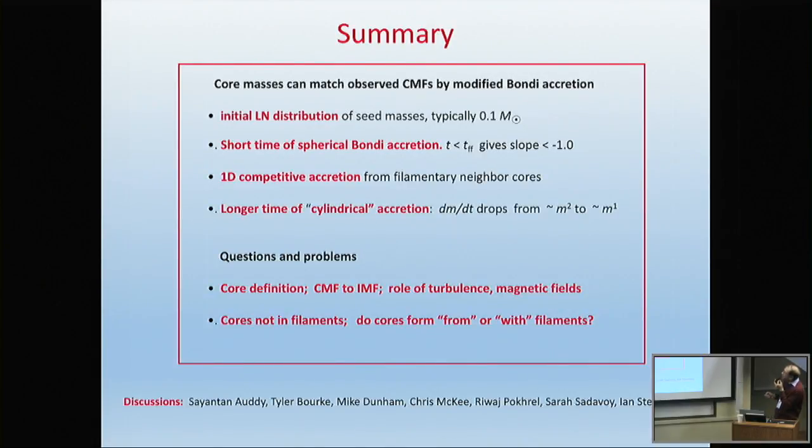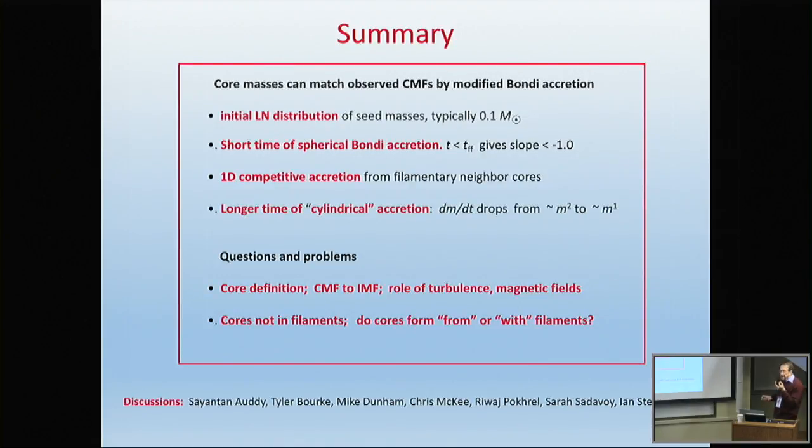Now, this is good as far as it goes, perhaps, but there are a lot of questions that need to be answered. One is, how do you define a core in this case? Because we're assuming point masses. That's fine if you're far away from the core, but they obviously have structure. What is their relation to the initial mass function? When do they begin to form stars?